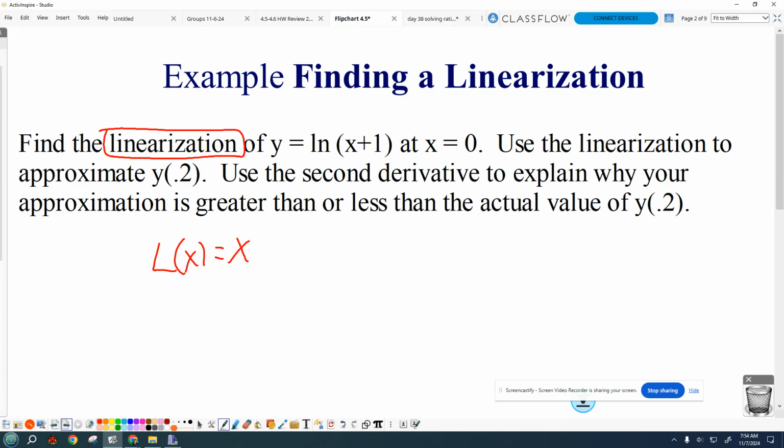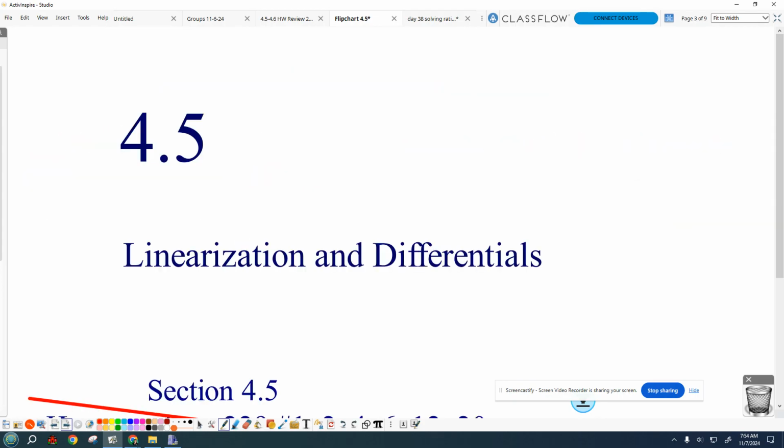This is their way of saying, what is the function when the x value is 0.2? Are you okay with this wording of the same problem you did without learning anything new? Okay. Well, that's linearization.